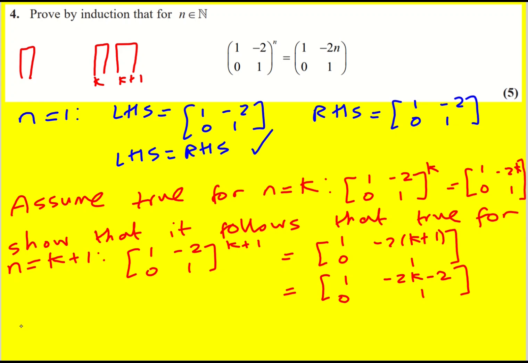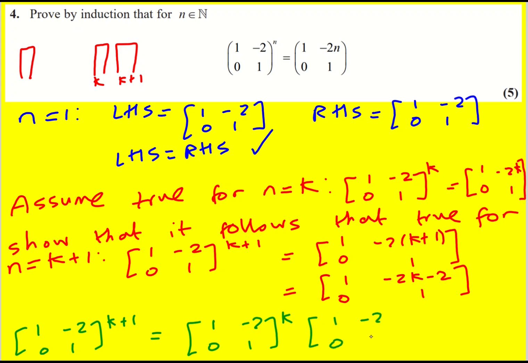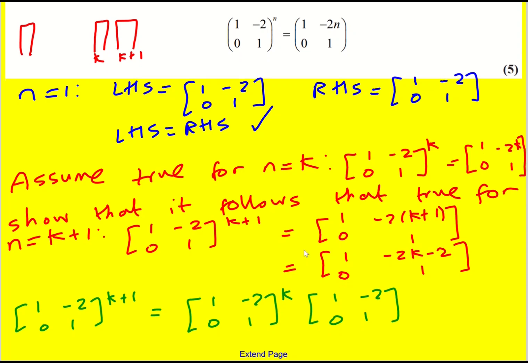Okay, so let's start from the left-hand side. And this is going to equal (1, -2, 0, 1) to the power of k multiplied by (1, -2, 0, 1). Of course, you could do it the other way around if you want. The order's not going to matter.